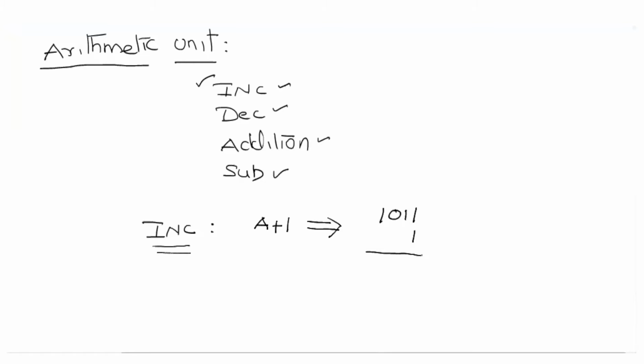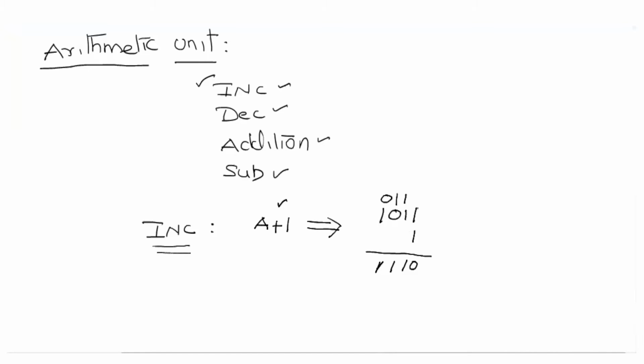So the result will be 1 plus 1, 0, and 1 will be a carry. 1 plus 1, 1, and 1 will be a carry. 1, 0, and 0 will be the carry. 0, 1, 1, 0. Okay. Now you can clearly see for adding, we do require a 2-bit addition at every stage.